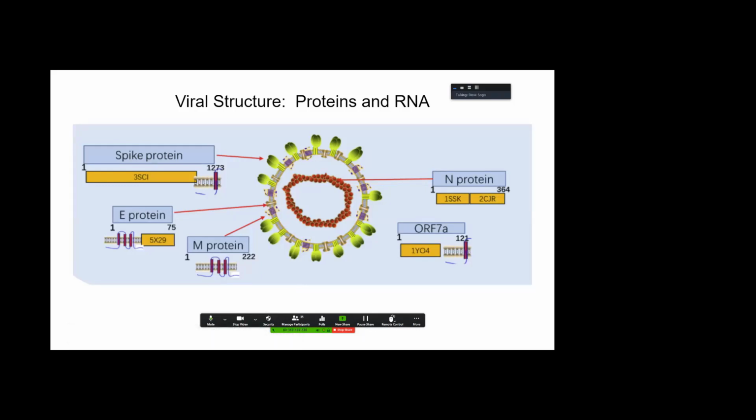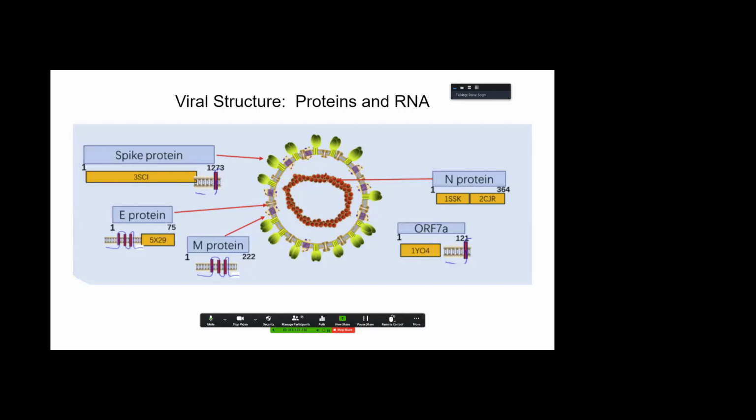What's important is that it has proteins. These that look like little artichokes are the spike protein. That's probably the most important one. It mediates the viral entry into human cells. So without the spikes, it cannot grab onto the human cell and it cannot enter.